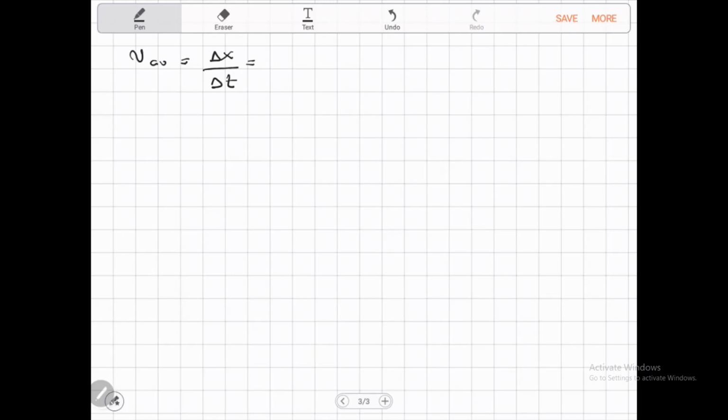Delta x is, in this case, x when t is equal to 10 seconds minus x when t is equal to 0 seconds, divided by the time, in this case 10 seconds minus 0 seconds.